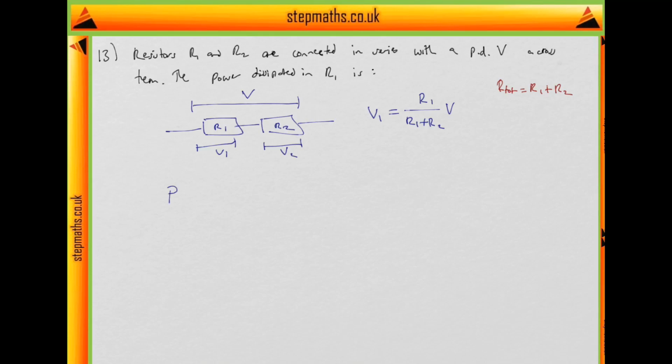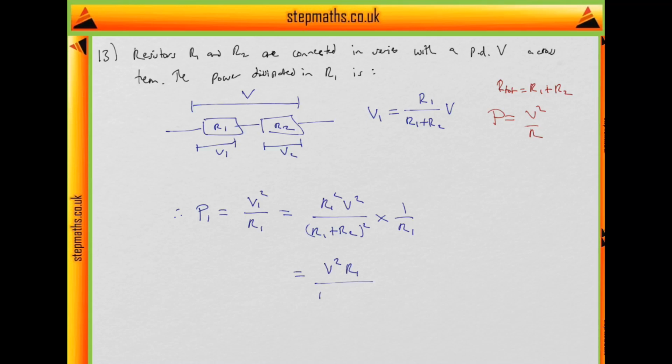Okay, and we know that power is V squared over R. So the power dissipated across R1, P sub 1, is V1 squared over R1, which is R1 squared V squared over R1 plus R2 squared, times 1 over R1, which comes out to give us V squared R1 over R1 plus R2 all squared.